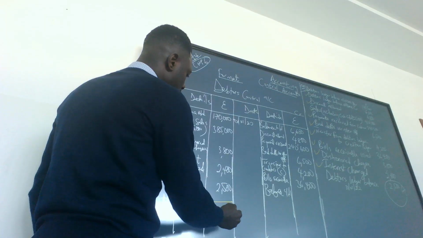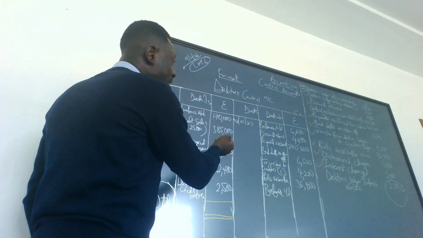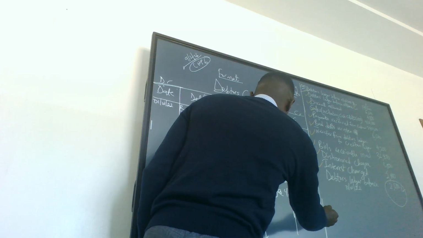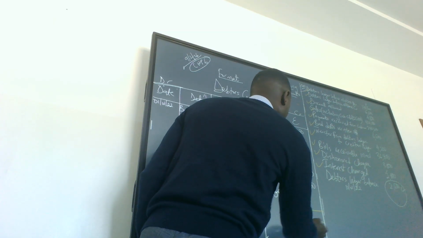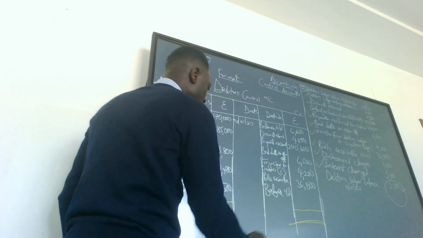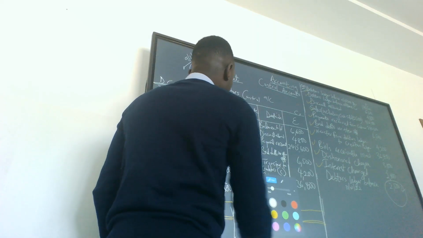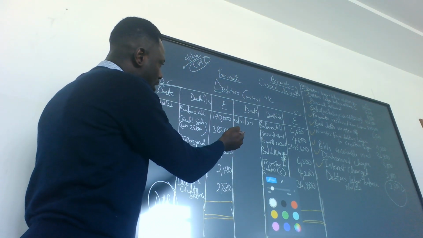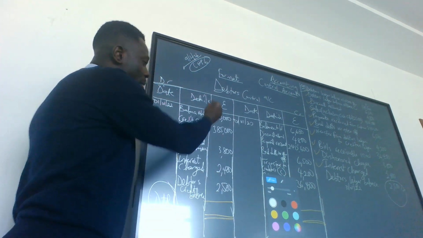How can this be 4 million? Please check well. How much is it? 170,000, 385,000, 3,800. Oh, wait, it's not even up to 1 million.